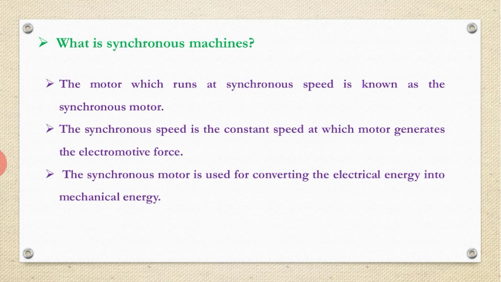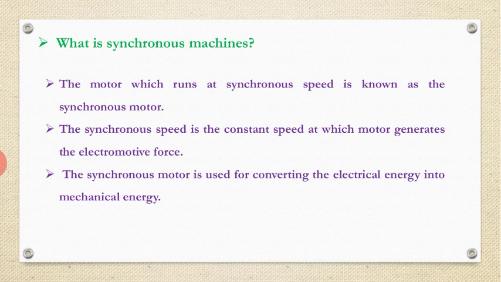The motor which runs at synchronous speed is known as the synchronous motor. If you compare the synchronous motor with the induction motor, the induction motor is an asynchronous motor because it always runs less than the synchronous speed.